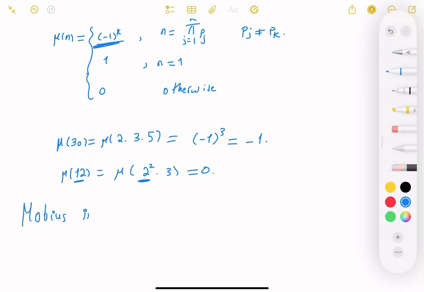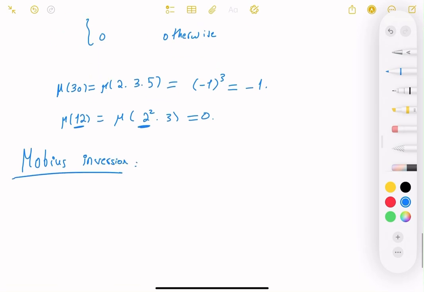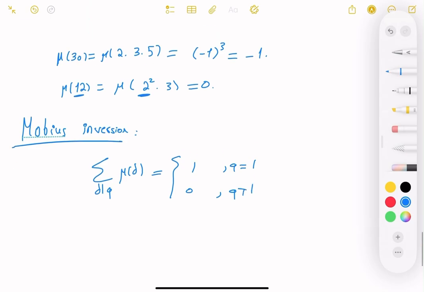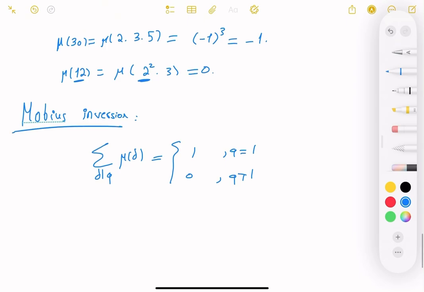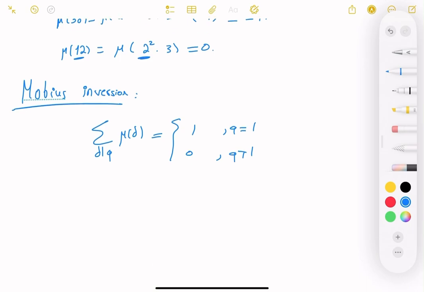It is the fact that if we sum mu of d as we run over the divisors of an integer q, this is going to be 1 if q is 1 and 0 if q is bigger than 1. And you can think of this as an orthogonality property, but we can also think of it as an inversion property after we introduce something called convolution. But for now, let's see, how on earth can we prove something like this?